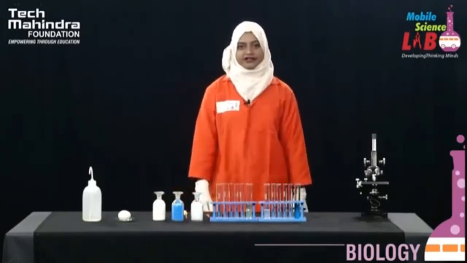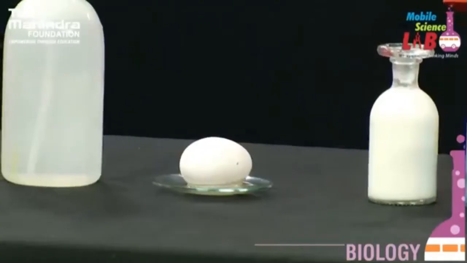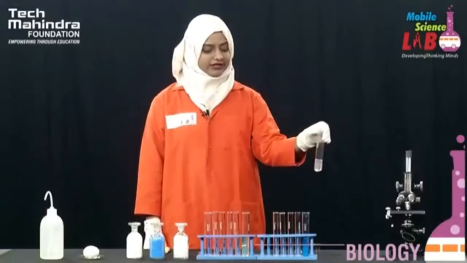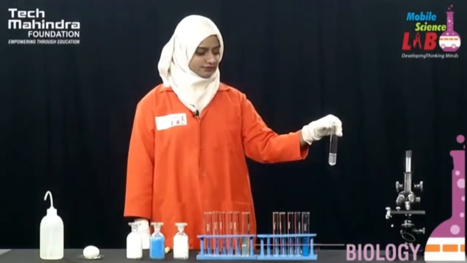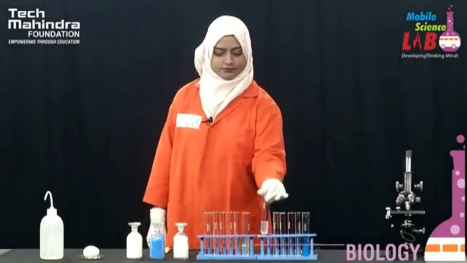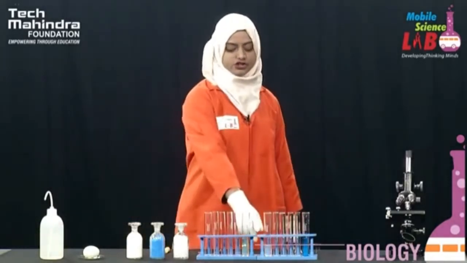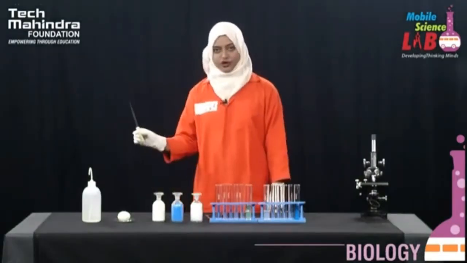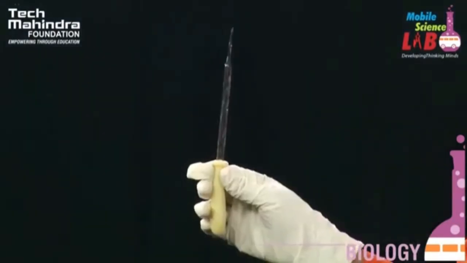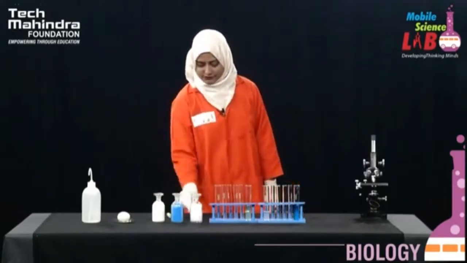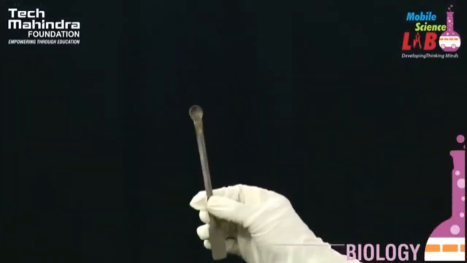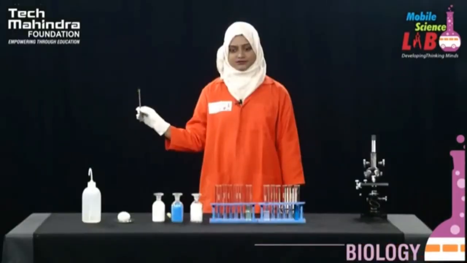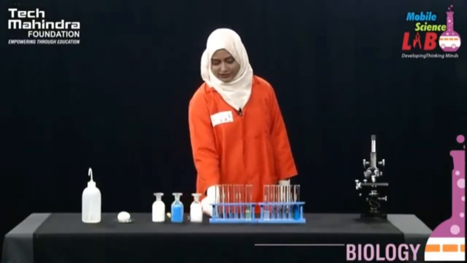From the egg we have taken the egg white. The equipment we require here is a boiling test tube, test tube rack, dropper, spatula, and a glass rod.